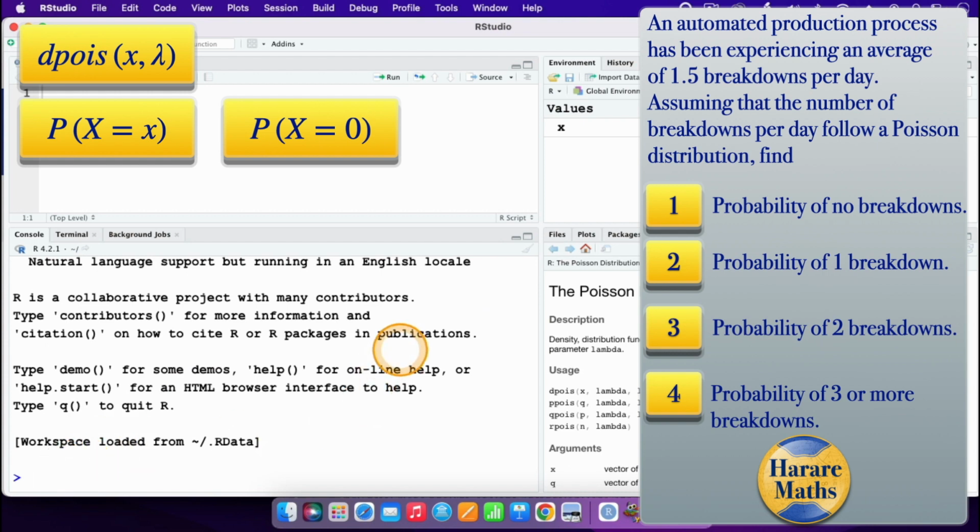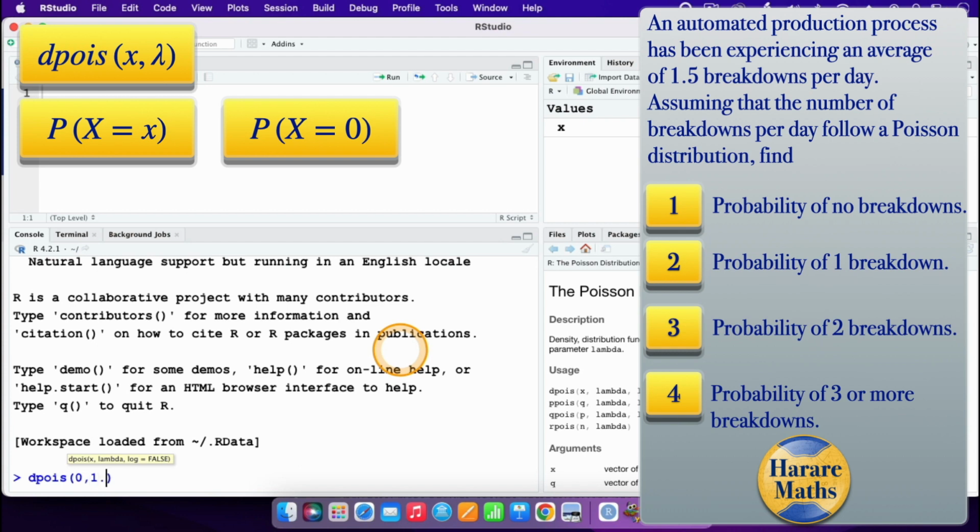So I will type in my dPois there. Let me just remove the caps. So it's dPois, open parenthesis, and we want to find the probability that x equals 0. So I put in my 0. Then the parameter lambda we are given is 1.5 because we are looking at an average of 1.5 breakdowns per day.